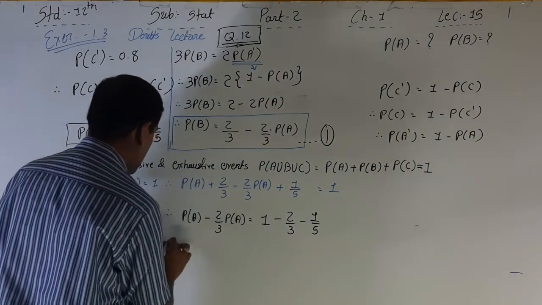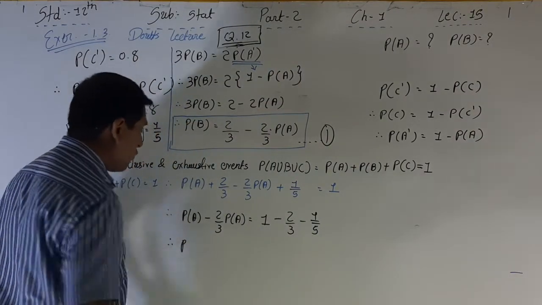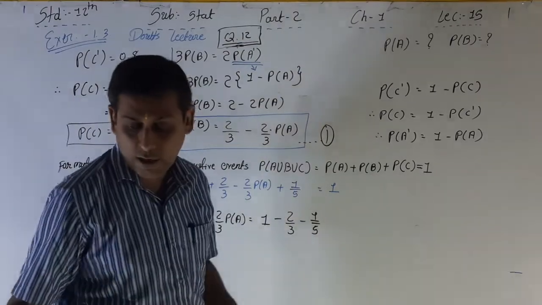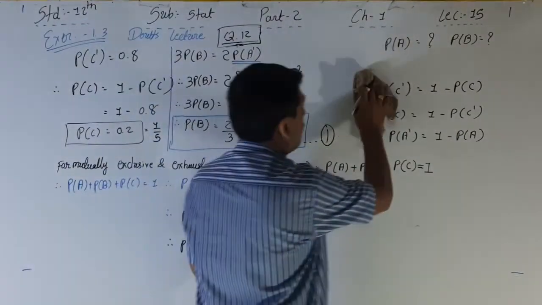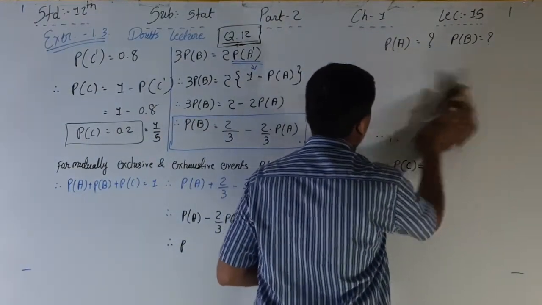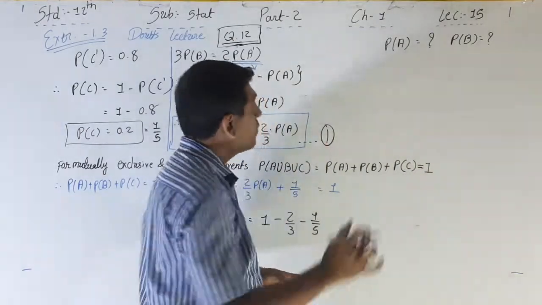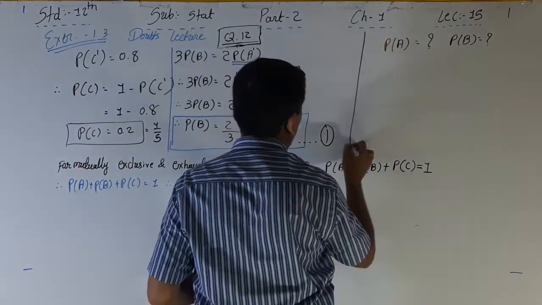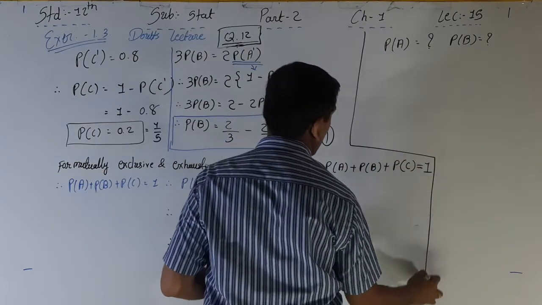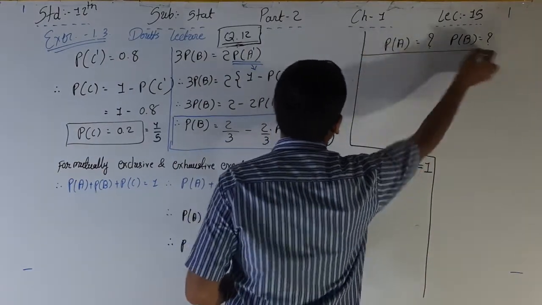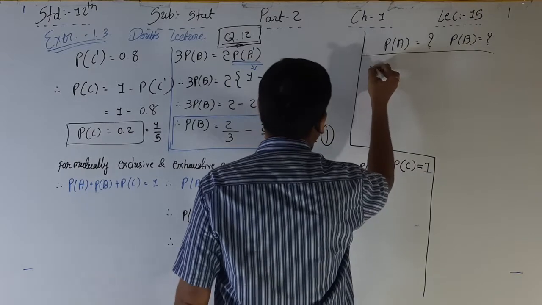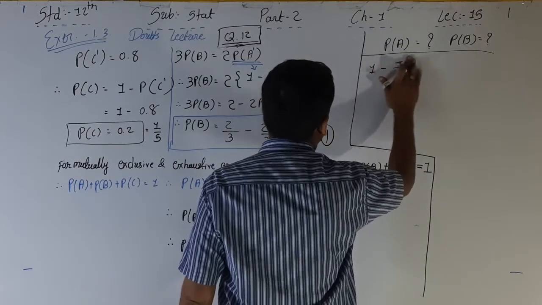Now what is the answer? See here. Therefore we can say P of A, that is 1. See here, this is your rough work. I am cancelling this and I am doing a new rough work here. Please see that. One minus 2 by 3.